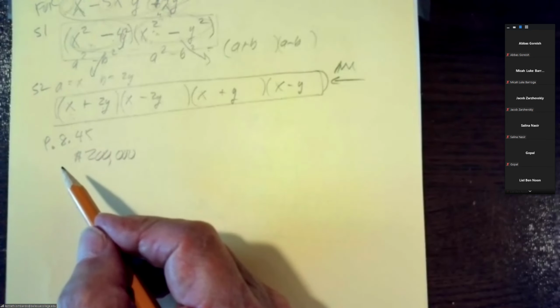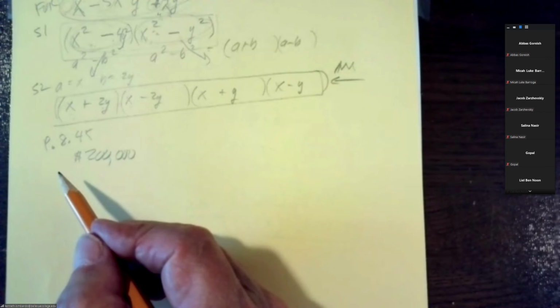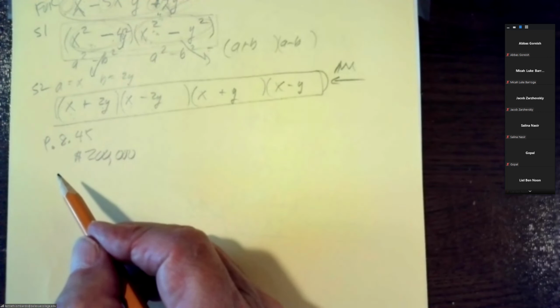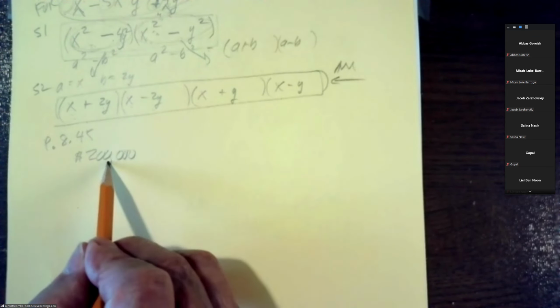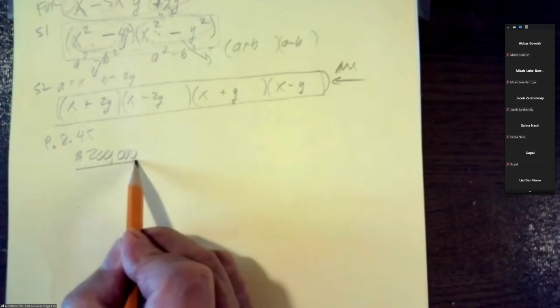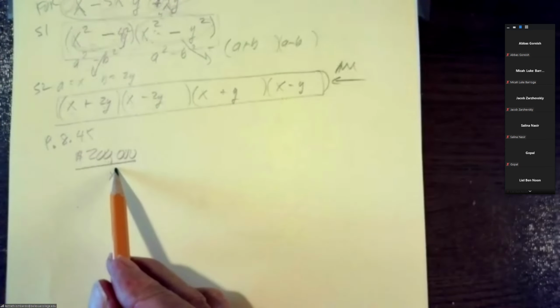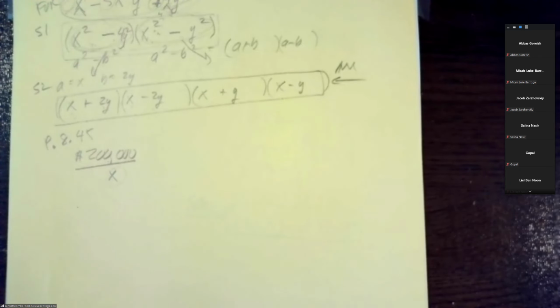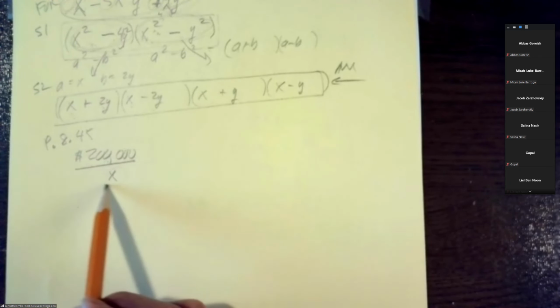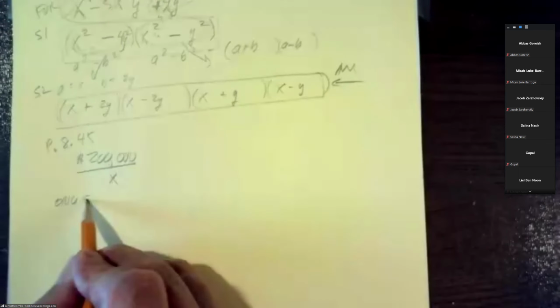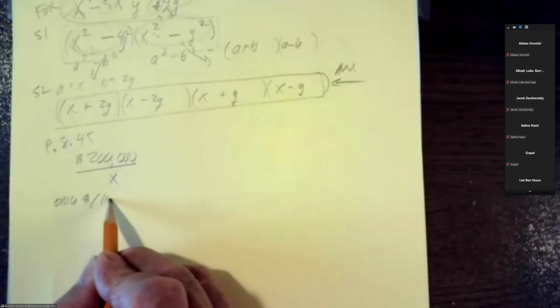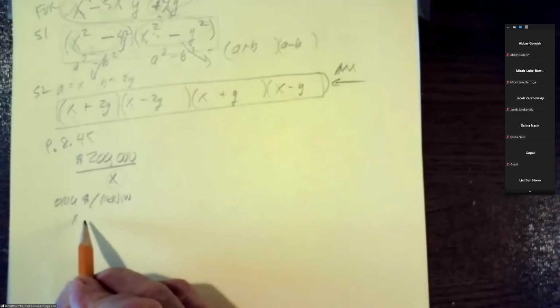And before the money is divided, 2 more winning ticket holders are declared. So before we have ticket holders, we don't know how many there are. So if x is the original number of people, then 200,000 over that number would give the original amount of money per person. So I'll just mark that down. Original dollars per person for x people.